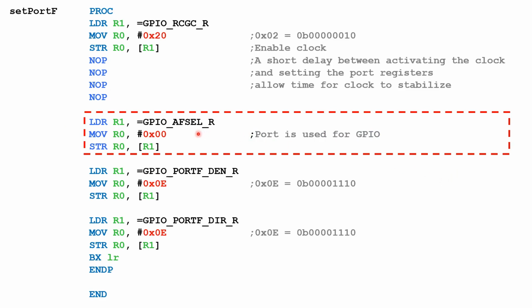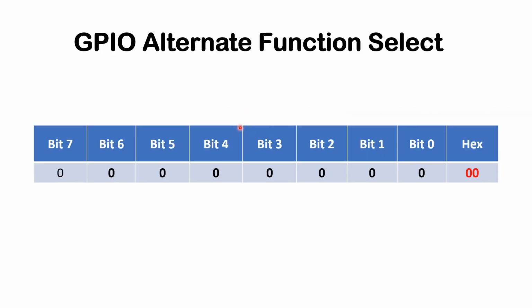Next, we need to set port F for GPIO operation. What we need to do is go to the alternate function select register, and we set all the bits to 0, clear them, so the hex value is 00. That will then set port F for GPIO operation.